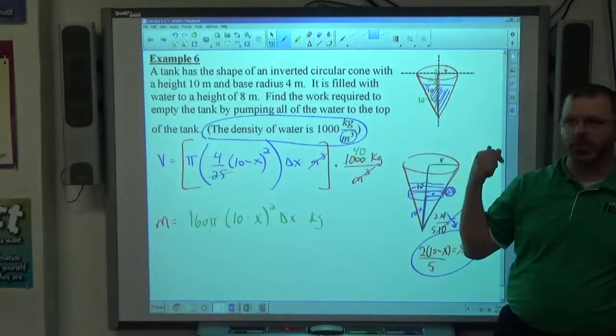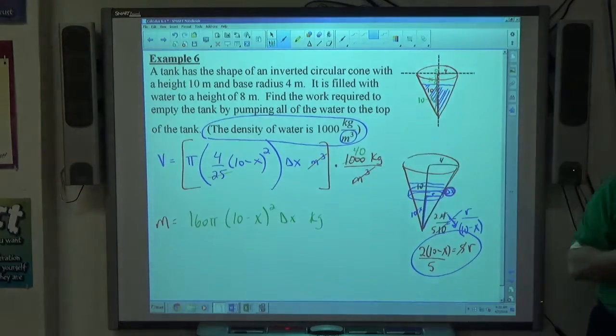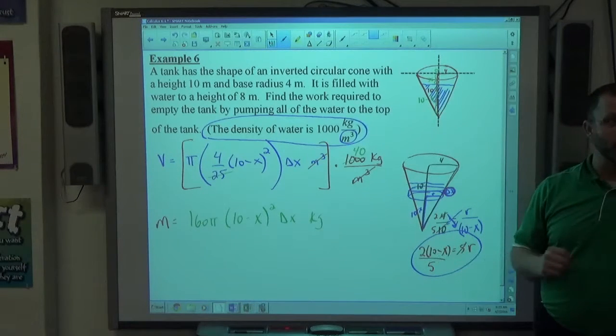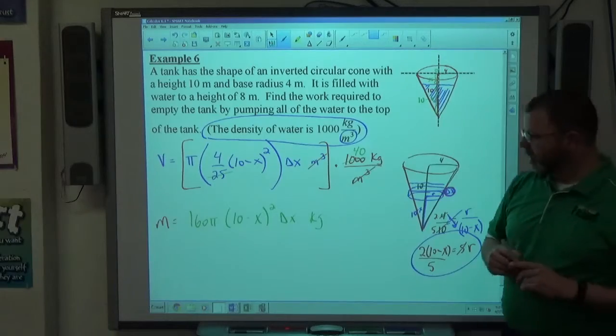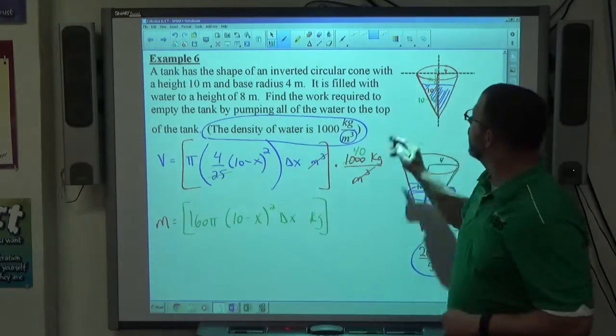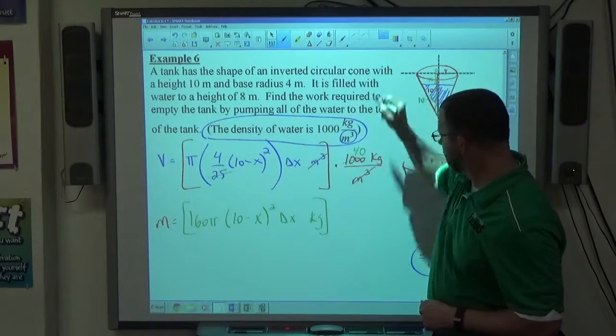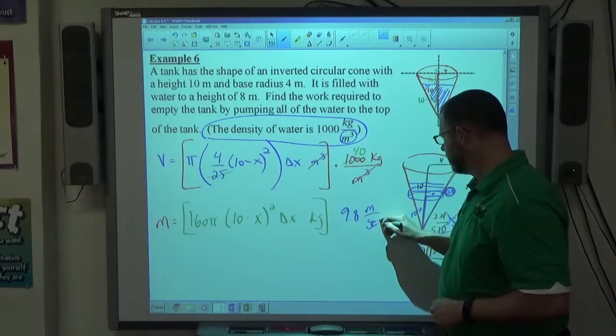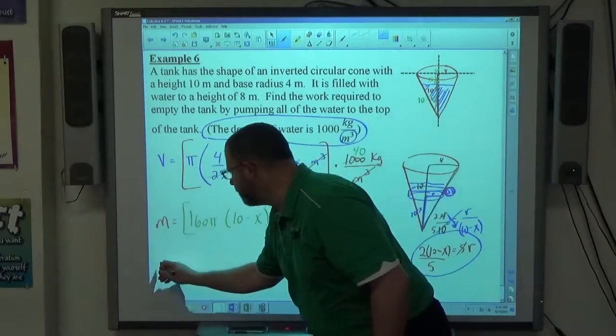We're assuming the tank's on Earth, not on the moon or Jupiter or something weird like that. So the gravitational acceleration of Earth is 9.8 meters per second squared. So if I take mass times 9.8 meters per second squared, that gets me a force.